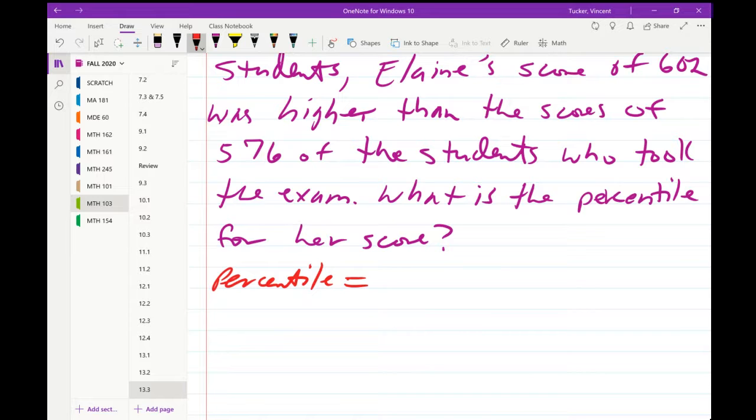All right, so she scored higher than 576 of the students. Totally, there were 900 students who took the test. And we're going to multiply it by 100. So remember, your top number is how many data values are less than 602.